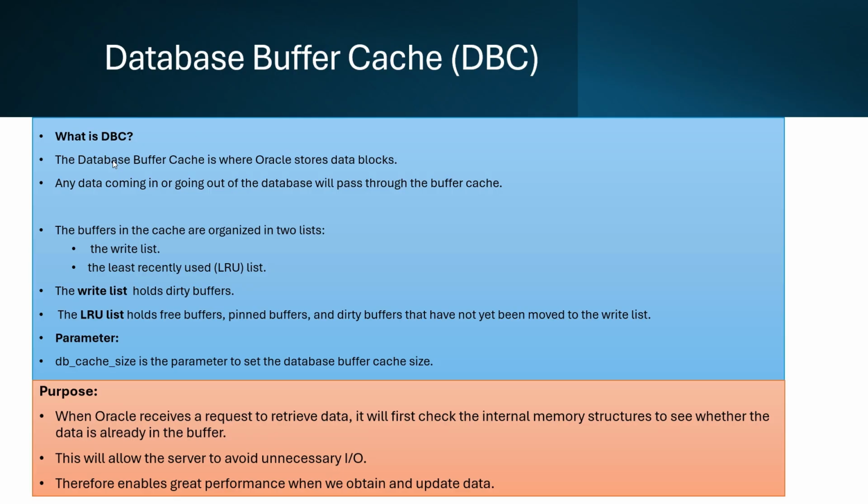Therefore this buffer cache enables great performance when you obtain and update data. Each time you don't have to go to the data file to read the data. Once you do it the first time, it keeps the data temporarily in the database buffer cache, so the next time you execute, it will read from the buffer only.